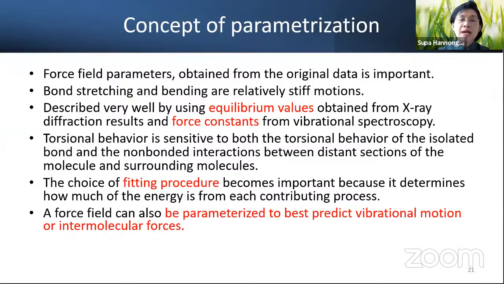If not, we have to come back and try to improve our method. This is also the way we use the experimental data as benchmarking, as the reference value, and see if our parameters are good enough to predict the real properties of the molecules. Okay. For example, X-ray diffraction or vibrational spectroscopy, then we are happy with the force field.